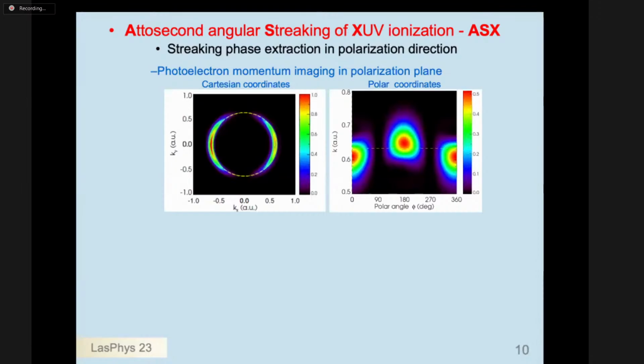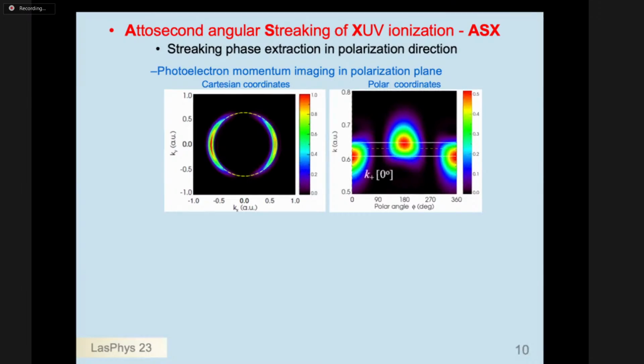The left graph shows the Cartesian coordinates, the right graph the polar coordinates, and we see in the right graph that at 0 degrees and 180 degrees, the momentum distribution is displaced from the isochron by the maximum vector potential in the infrared probe.